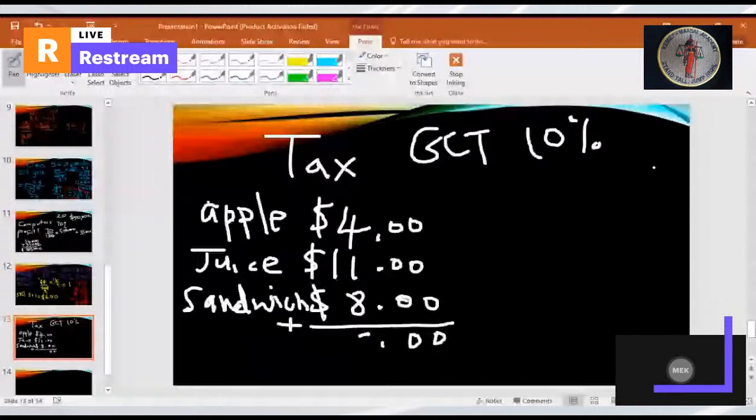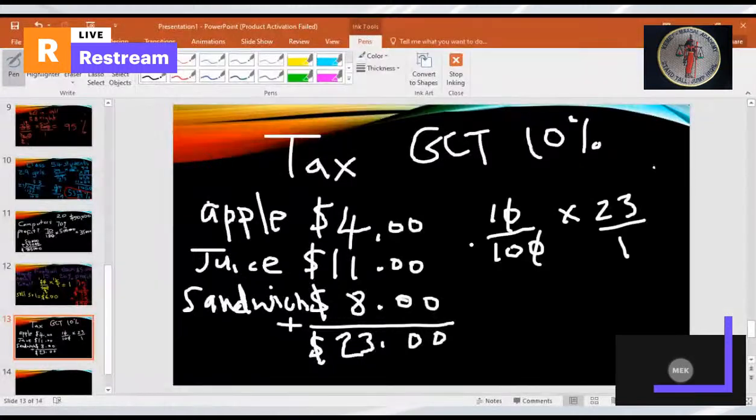But that does not yet include the tax. So we need to work out now 10% of the $23. We know that 10% is 1/10, and if we're dividing by 10, that means we move one decimal place to the left.